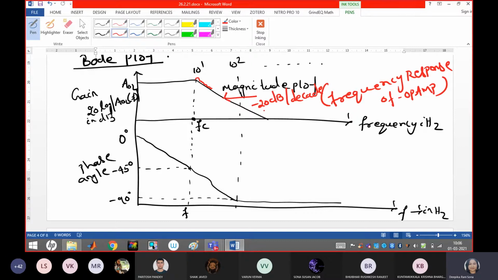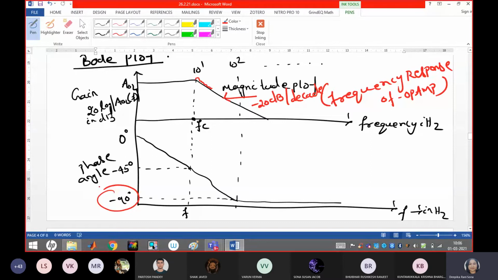For now, just remember: if the frequency increases in the X direction, the gain will start reducing after Fc. Okay. Then the maximum possible phase shift it will offer is minus 90 degree.